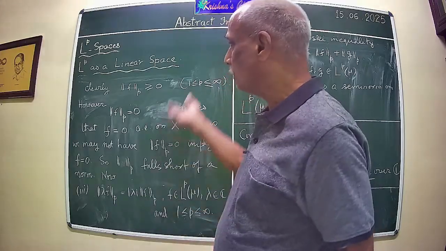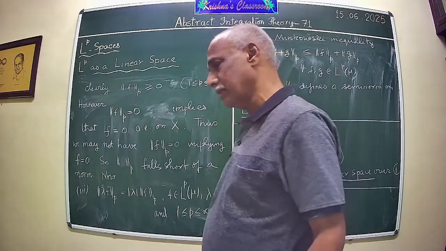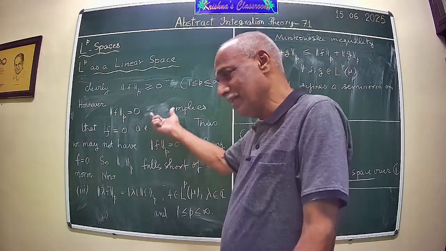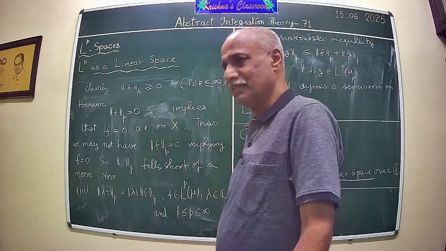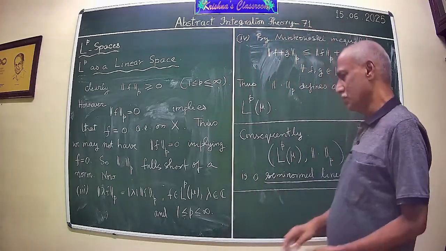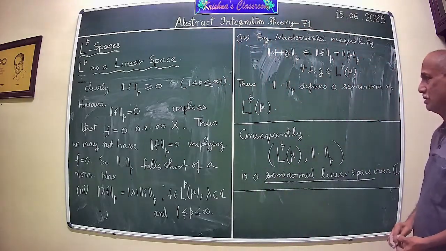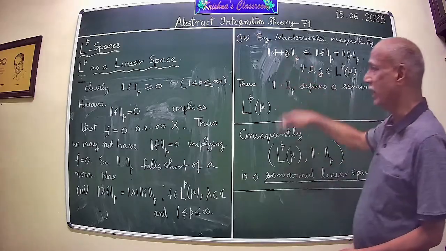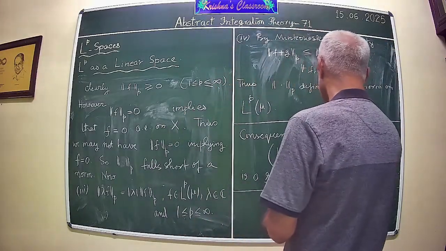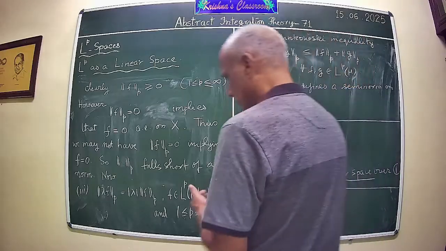But that would require on X a topology. We have not said anything about this stage, right? So this is the case that L^p(mu) is a semi-normed space.